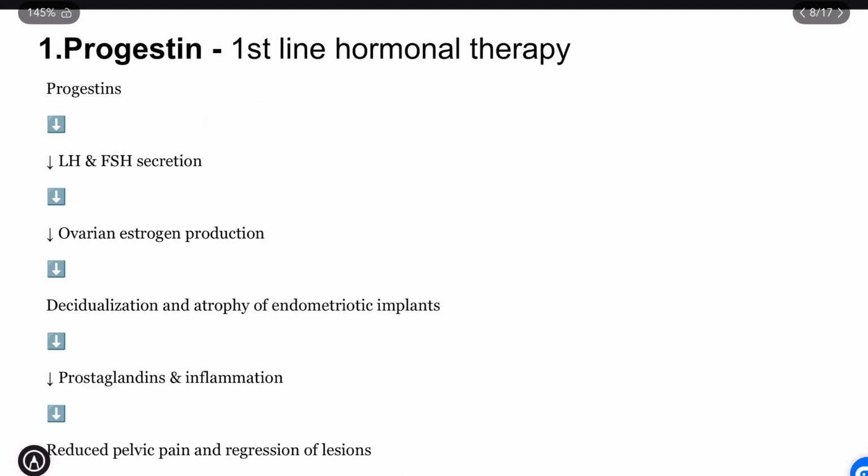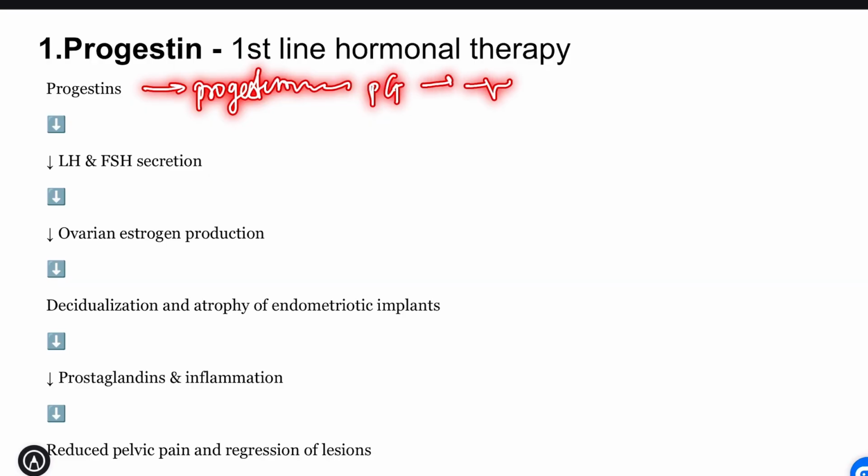Okay, so now hormonal therapy. The first line hormonal therapy consists of a drug called progestins. So what is a progestin? Nothing but a synthetic progesterone derivative. Because it is a progesterone derivative, it acts on the pituitary gland, induces negative feedback and decreases LH and FSH secretion.